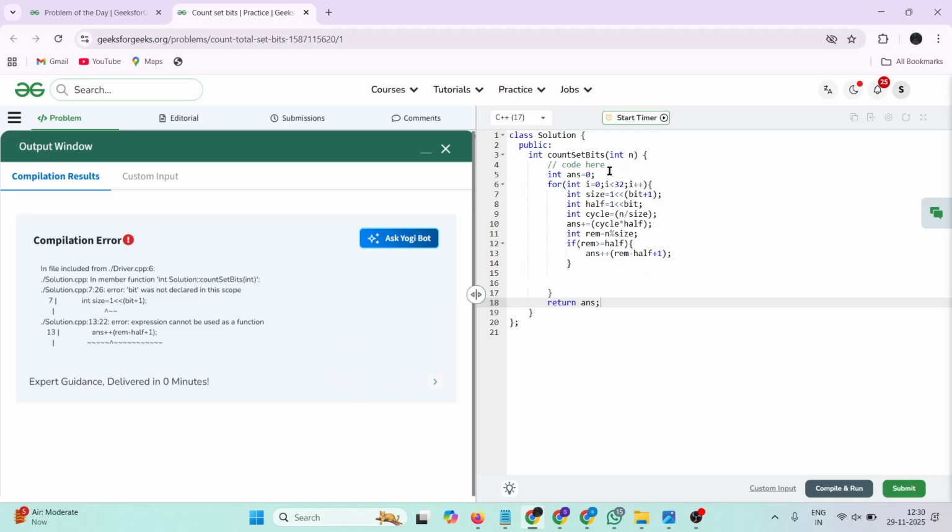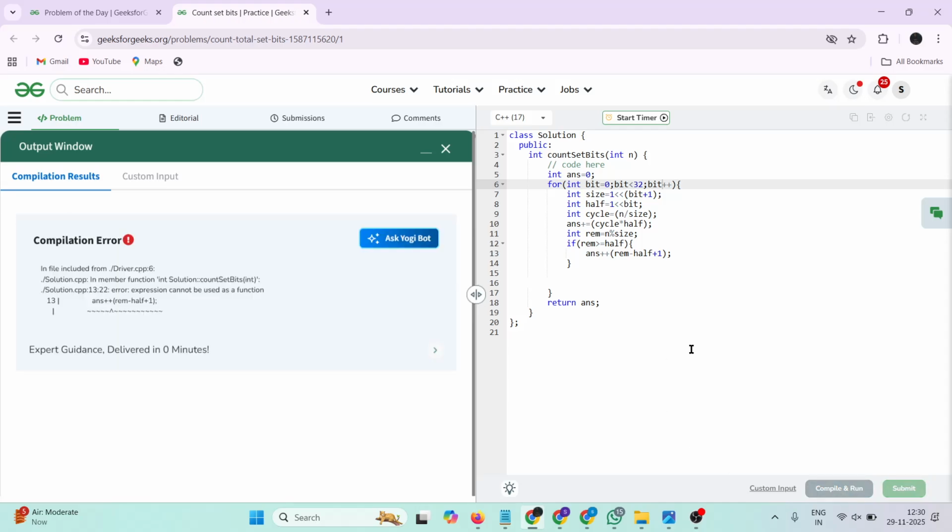Actually, instead I have used bit. So answer plus equal to this.